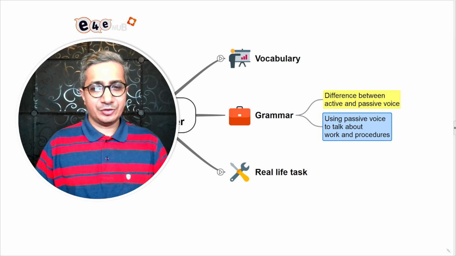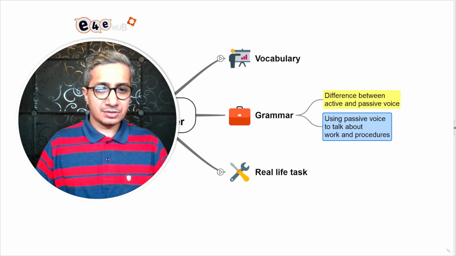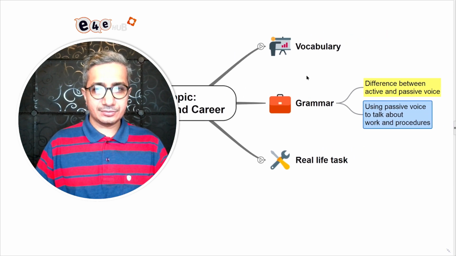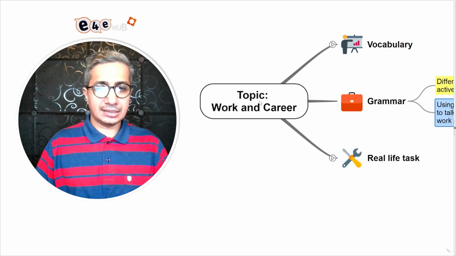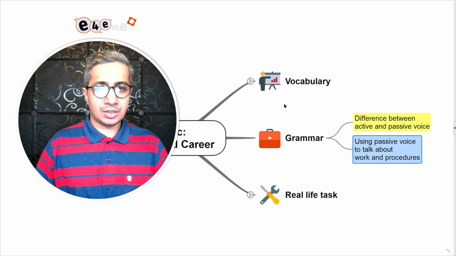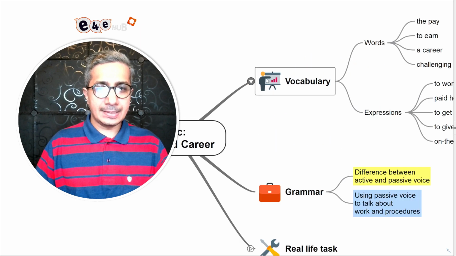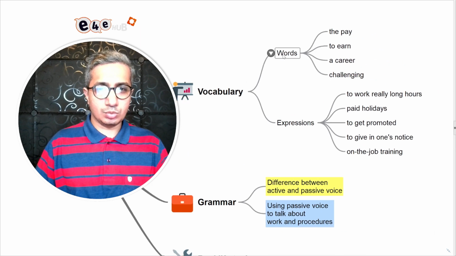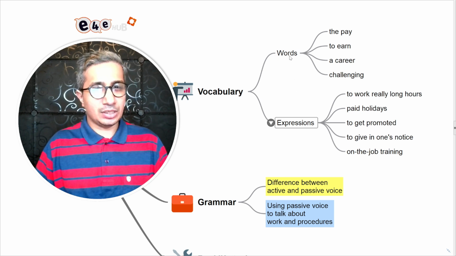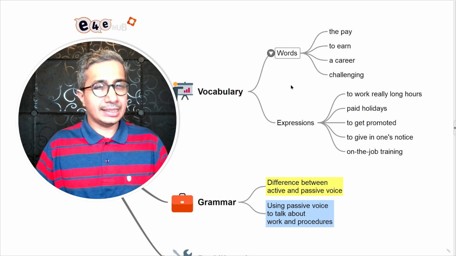So first of all, from my previous two videos, we were doing the work and career topic. In part 1, we completed vocabulary, words and expressions connected to work and career. If you haven't seen that, I will leave the link in the description.